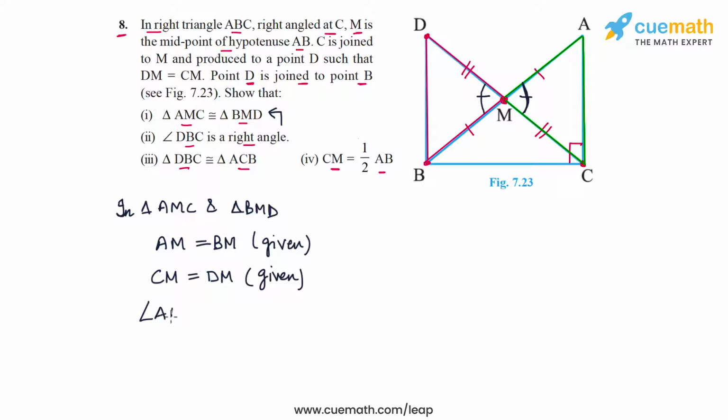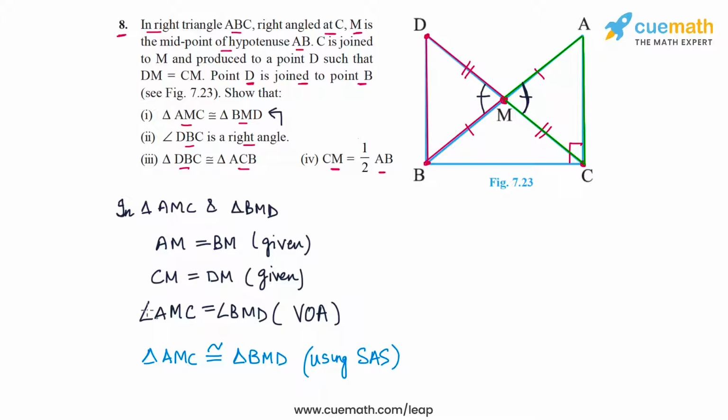So angle AMC is equal to angle BMD because these are vertically opposite angles, and hence we can now claim that triangle AMC is congruent to triangle BMD using the SAS congruence criterion, because we have two equal side pairs and the included angle pair as equal. So the first part we have proved that the two triangles AMC and BMD are congruent, and this means that all their corresponding parts will be equal.